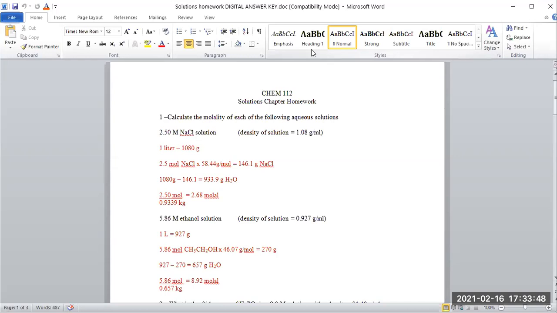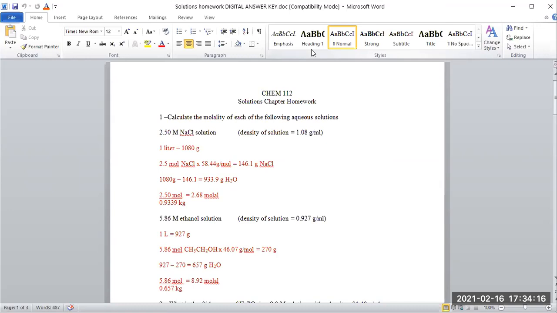So if we look at the first one there, we have 2.5 molar sodium chloride. You have a density of 1.08 grams per milliliter. And my suggestion for the best way to approach these problems was to assume that you have a liter of solution available because it makes the math a little less messy.